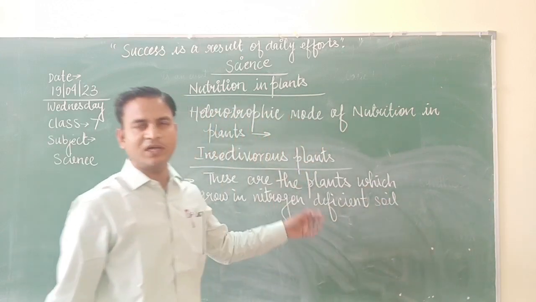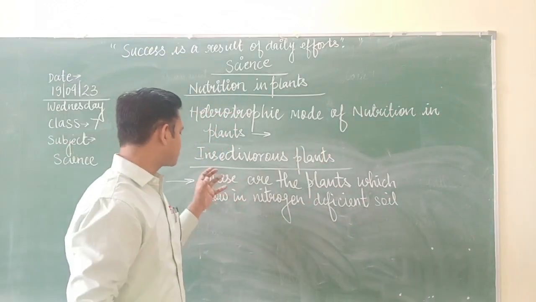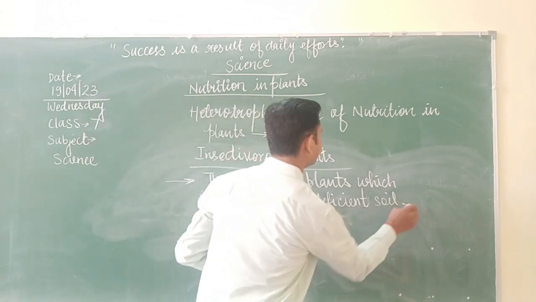Nitrogen deficient soil means the soil which is having less amount of nitrogen content in it. Okay, so these are the plants which grow in nitrogen deficient soil.